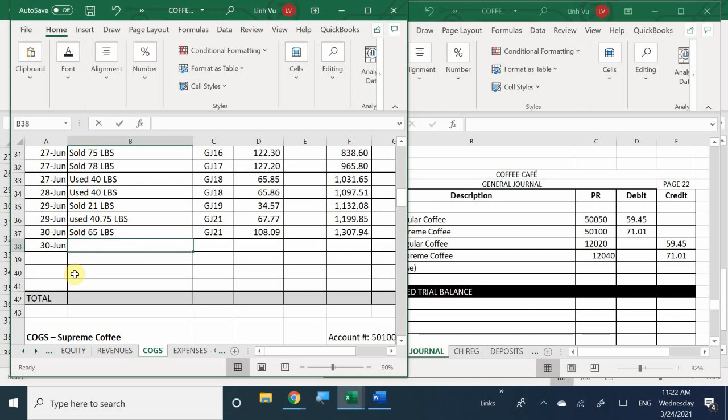We used 35.75 pounds, General Journal number 22, for a total of $59.45. So what is my ending balance here?